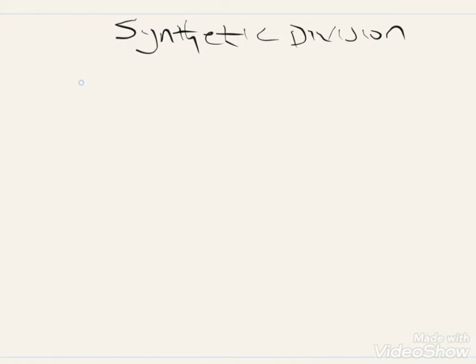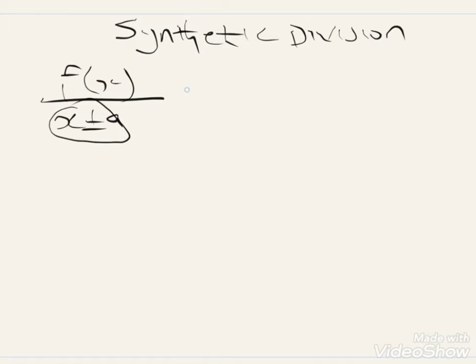All right, so we have this polynomial f of x to be divided by the linear factor x plus or minus a, where a is some number. Then the whole x plus or minus a is the linear factor.